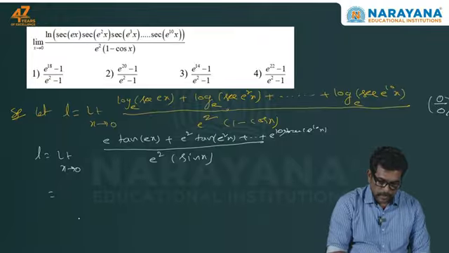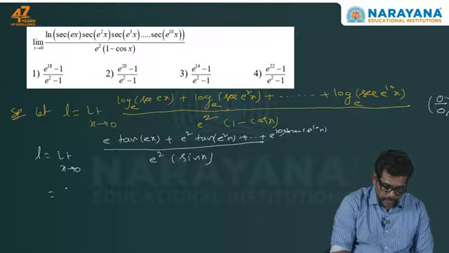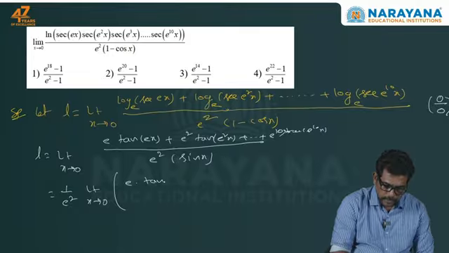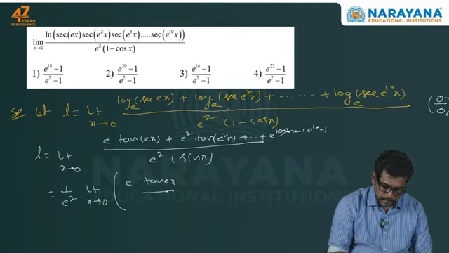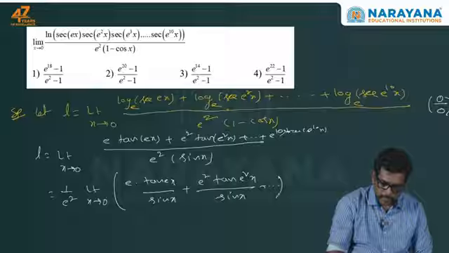Now this one is equal to, now we are trying to simplify this one, that is, I am taking 1 by e square outside, that is 1 by e square times limit x tends to 0. Here this becomes e into tan ex by sin x plus e square into tan of e square x by sin x plus so on.